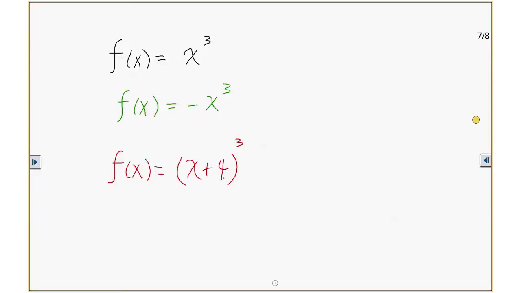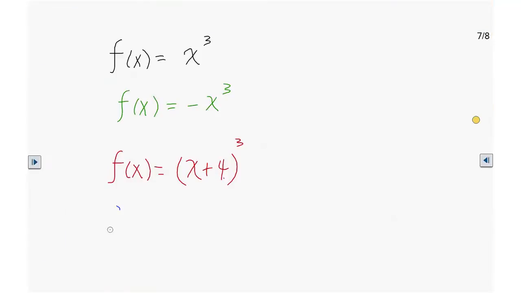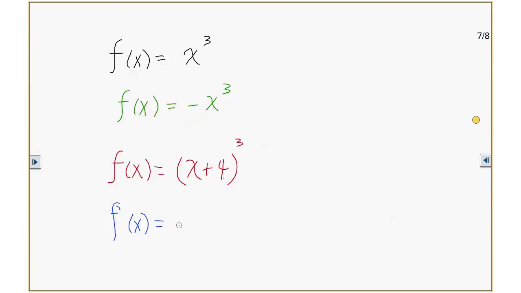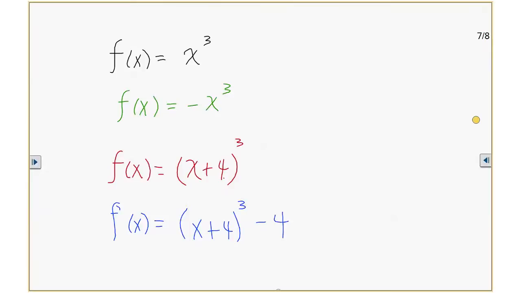And then the blue, f of x is equal to (x plus 4) cubed minus 4. Now sketch those out. Now on your Unit 1 test, you're going to have a bunch of these.